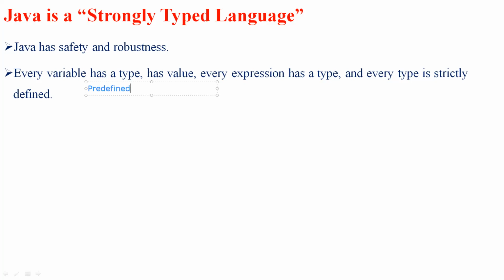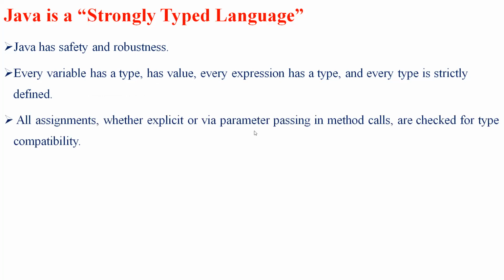So all the constants and variables defined in a given program must be described with one particular data type. The data type will be predefined in any programming language. All the assignments, whether explicit or via parameter passing in method calls, are checked for type compatibility.